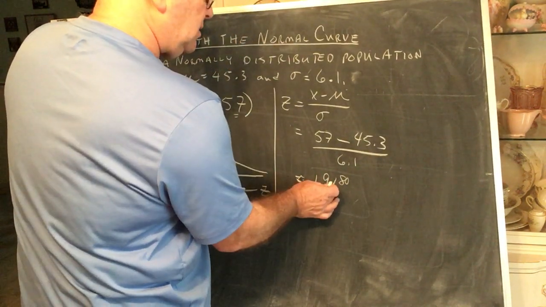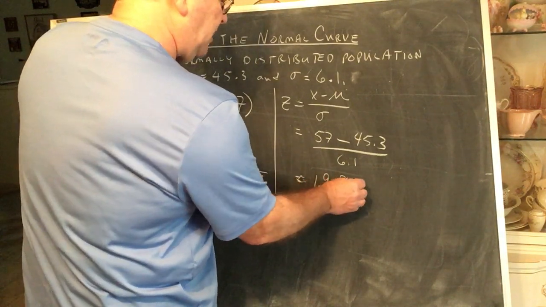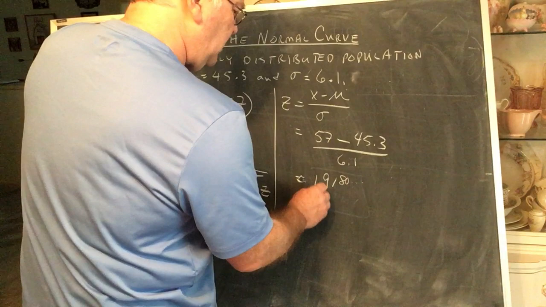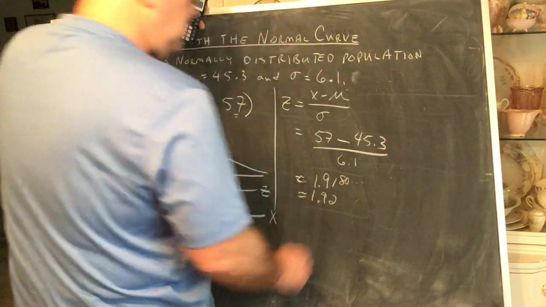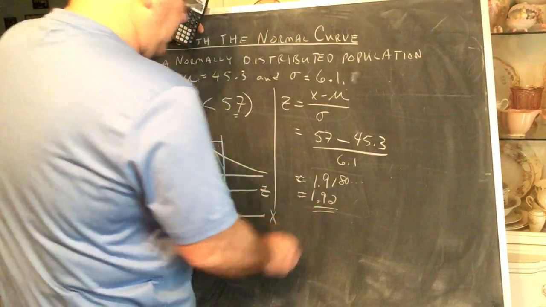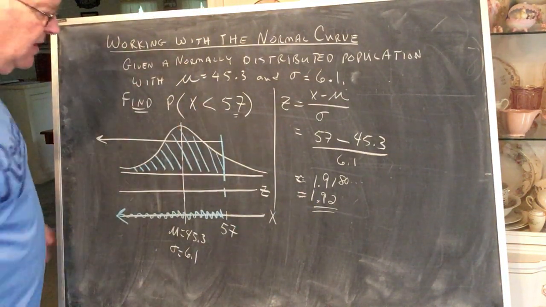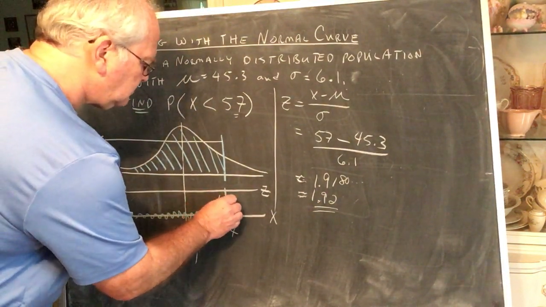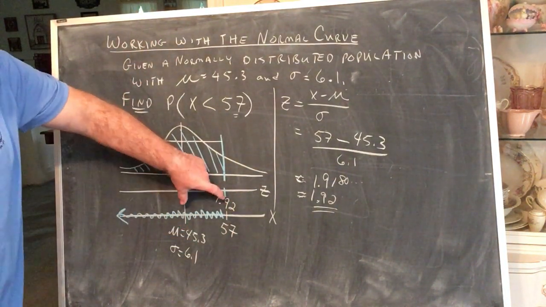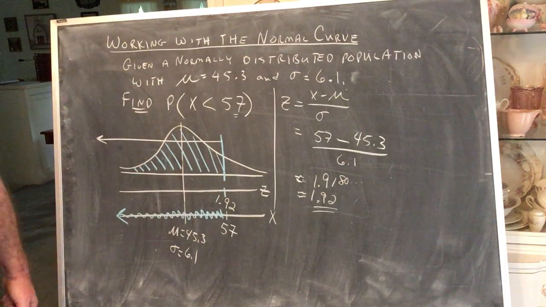Remember, our rule is to round to 2 decimal places. So we're going to be using an approximation of 1.92 for our z-score. Our z-score is 1.92. I'm going to place that here. So the z-score we're using is 1.92. We want the probability of all the area to the left of that.